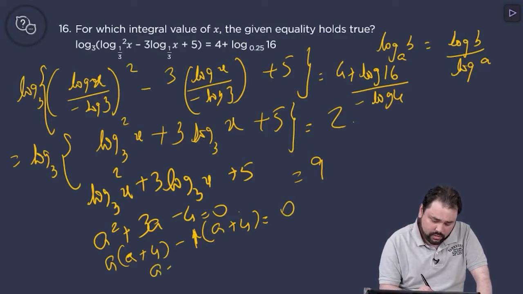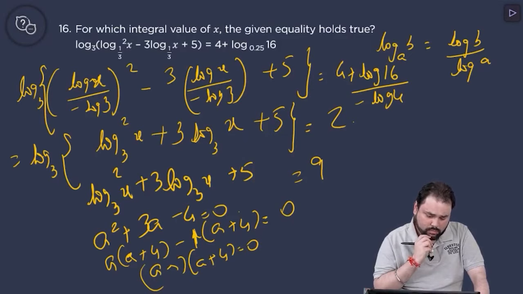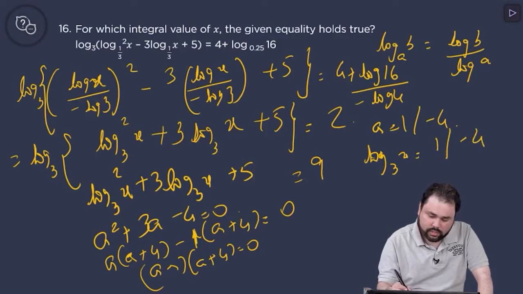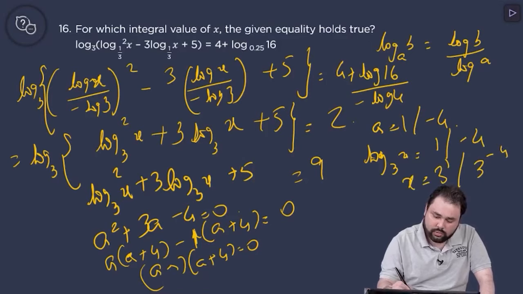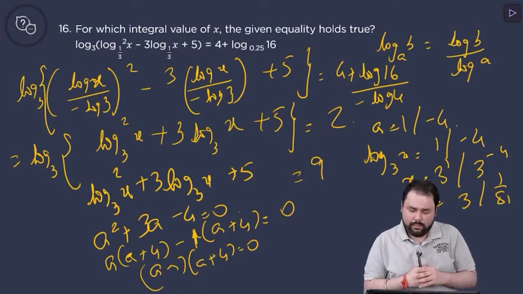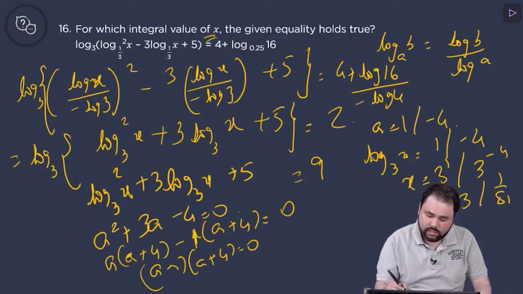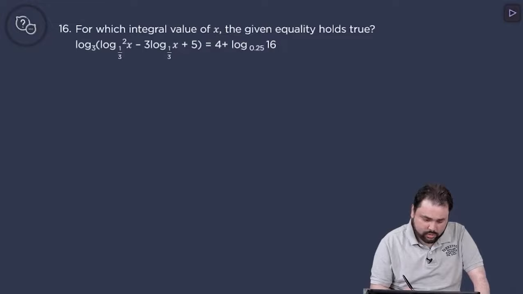So a minus 1 into a plus 4 is 0. Now a is log base 3 x. So a is equal to 1 or minus 4. So log base 3 x is equal to 1 or minus 4, which means x is 3 power 1 or 3 power minus 4, which means 3 or 1 by 81. For integral value of x, x is 3. That's the answer, 3. Okay, this took time.